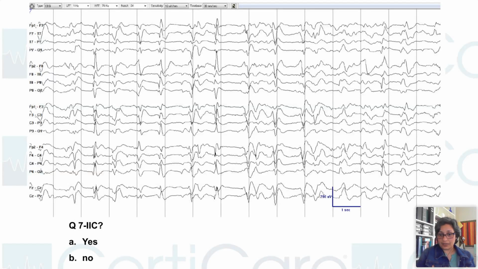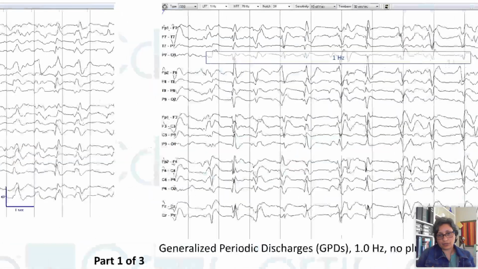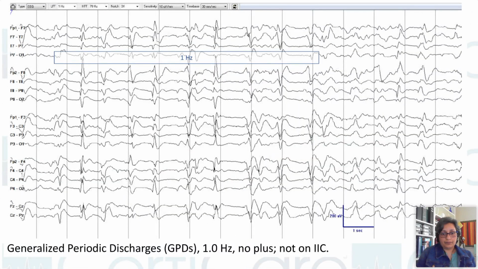And if it is happening for 10 to 15 seconds, it is not. So you are having sporadic, intermittent discharges happening for some amount of time, and this is the frequency. So this is not IIC if it is happening just for a few seconds. But if it is happening throughout, then it is going to go into the category of IIC.